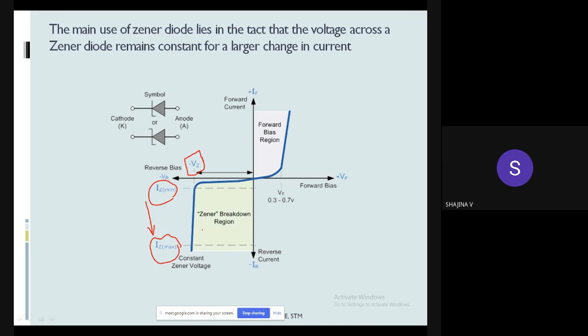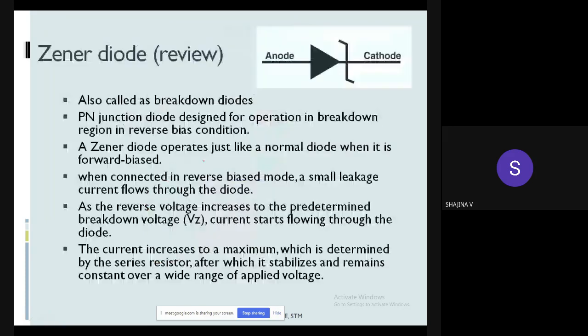So നമ്മൾ എന്ത് ചെയ്താൽ മതി? We have to provide a reverse voltage or reverse biasing condition to operate at this Zener breakdown voltage. Okay, so for this large variation of current, the voltage across the Zener will be constant. So this property is utilized in voltage regulators.